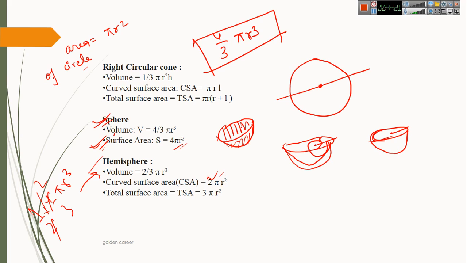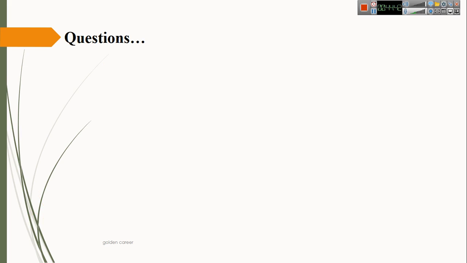Since hemisphere has two types of surface, one this curved part, and other this circular flat portion, for hemisphere we have curved surface area and total surface area. The curved surface area of the hemisphere will be half of the surface area of the sphere. Why? Because for sphere we only had the surface area.